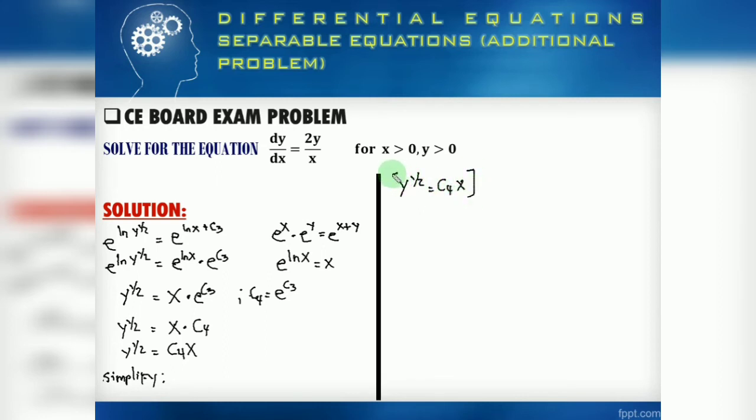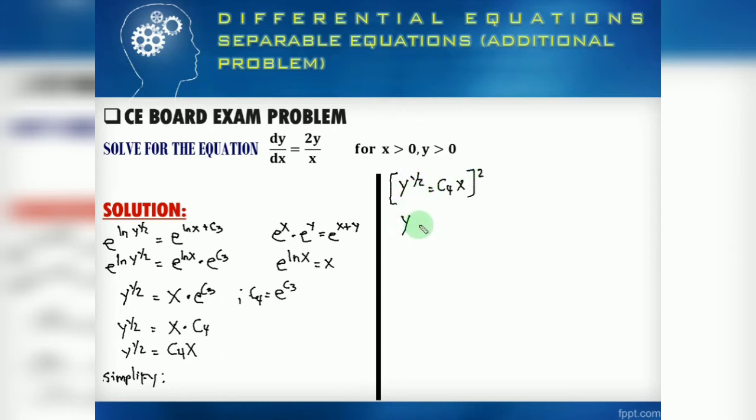So we just have to multiply this with the exponent of 2, so that y will have a single power or exponent of 1. So y raised to the 1/2 times 2 is 1.